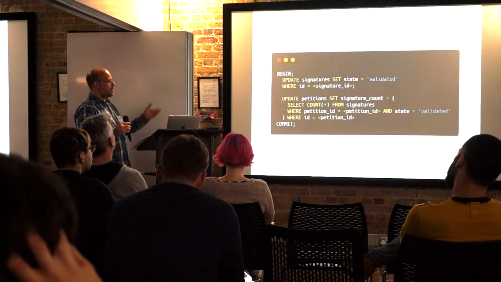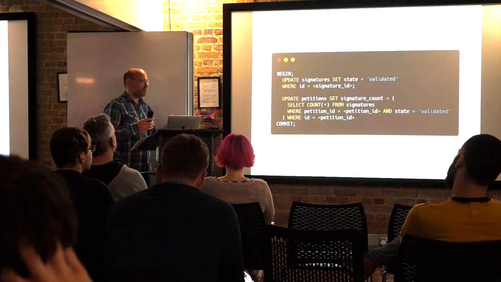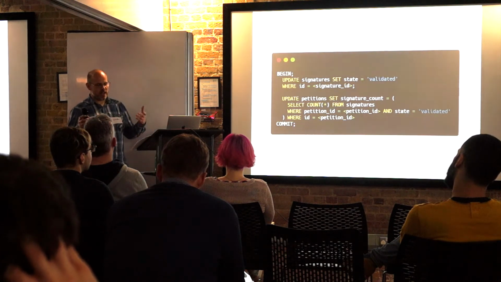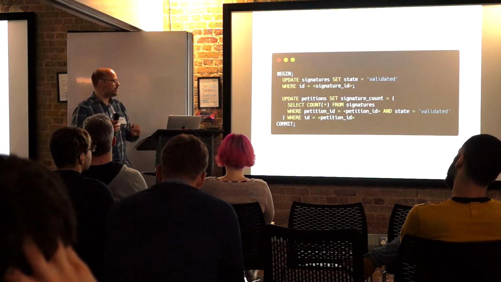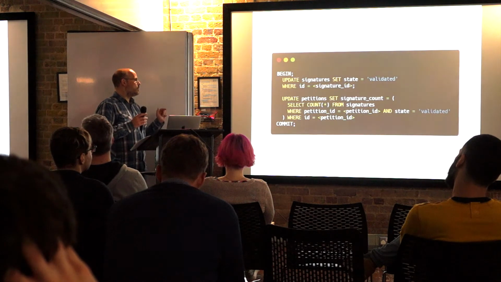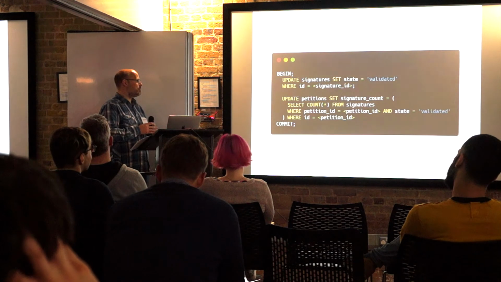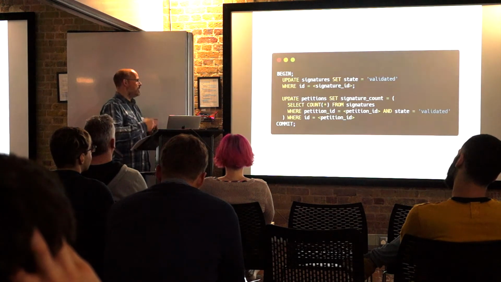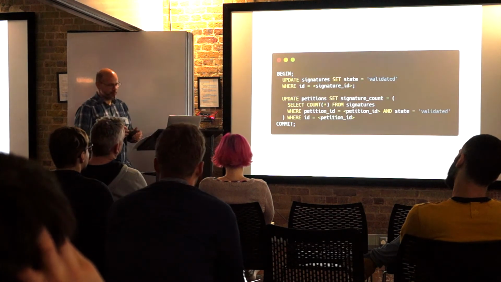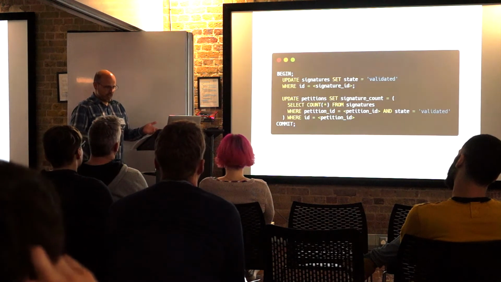Basically, every time a signature got validated, where you click on the email link you receive, they would update the signature count by running that count query and updating the column in the petitions table.